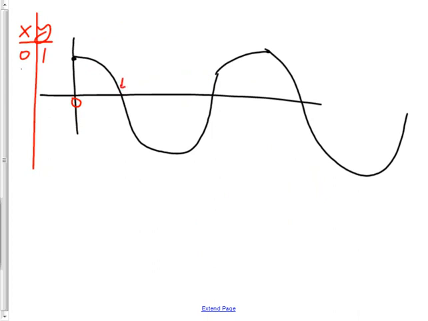At this spot, which is pi over 2, it's 0, as you can see from the graph. At this spot right here, which is pi, then it would be -1. At this spot, which is 3 pi over 2, the hardest one to remember, then it's 0. And the last one at 2 pi, it's right there at 1.